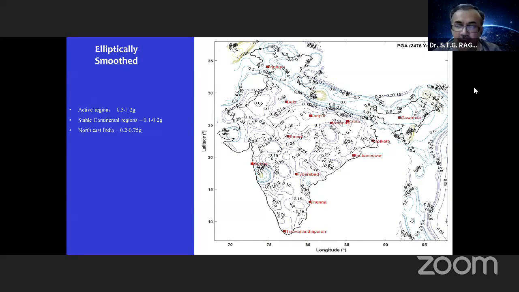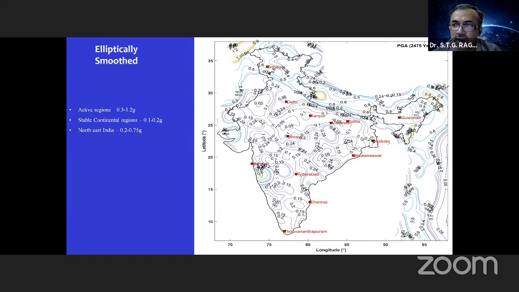In Northeast India also, we get very high values, around 0.7 to 0.8 times g. The main advantage of these maps is that if a person is in Guwahati, he will design for 0.5 g. If a person is in Chennai, he will design for some 0.12 g. The advantage is that on the whole of India, although the Z values are different, the risk level is the same.